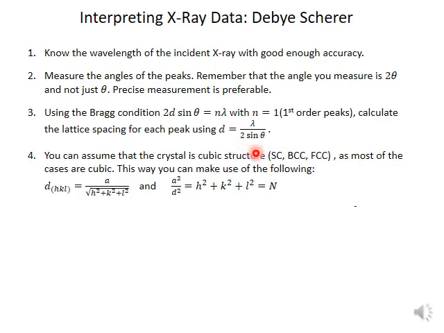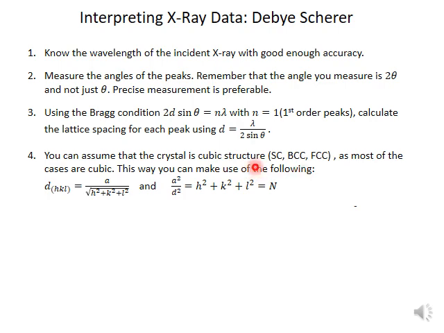Then to interpret the data, we normally assume that the crystal is a cubic system. Why do we do so? Because it makes the calculation and interpretation a bit easier. And secondly, most materials do possess a cubic structure in one of these three forms.